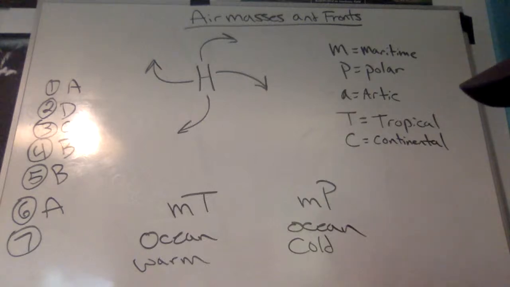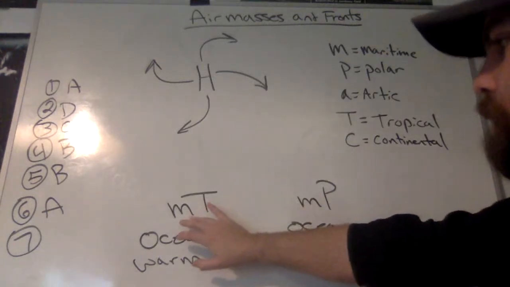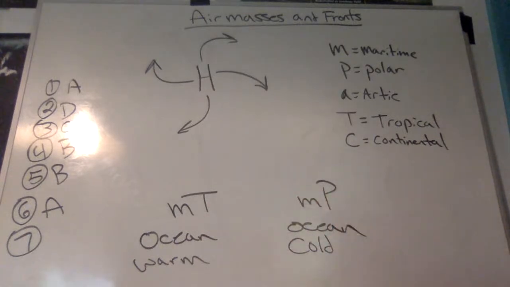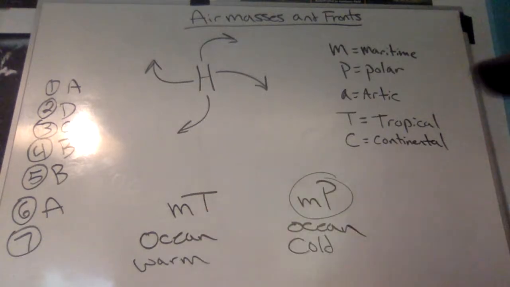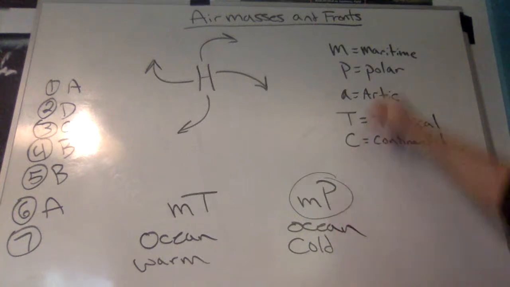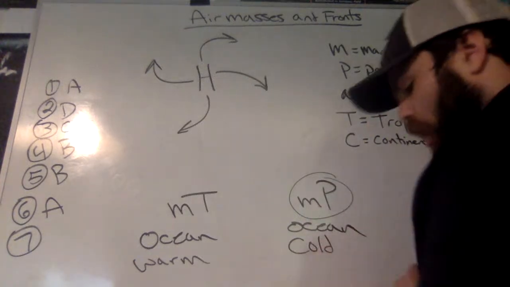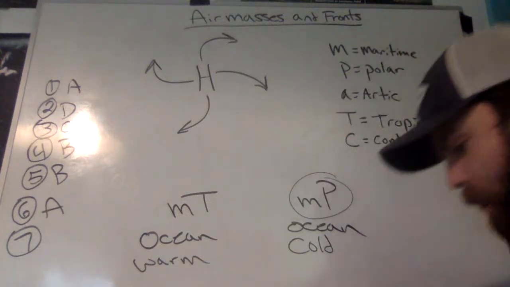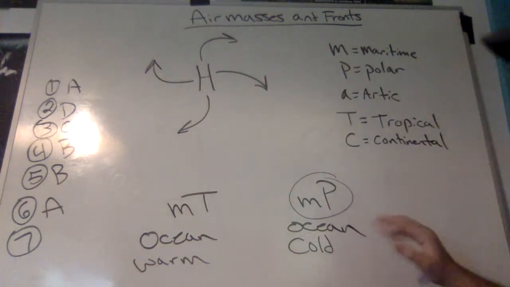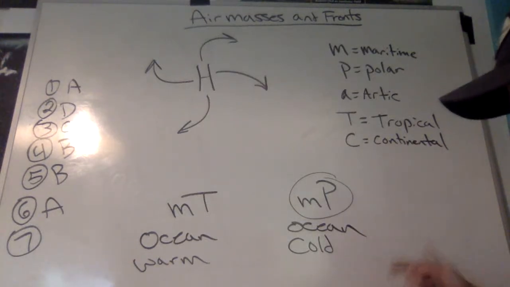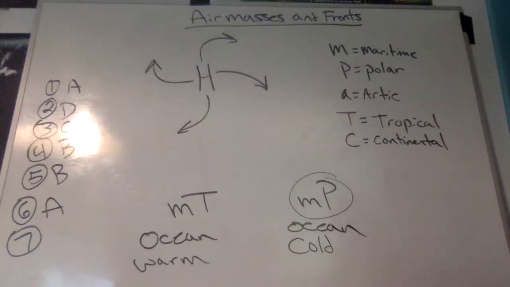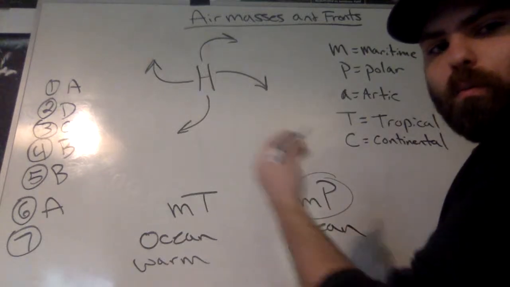So what is the difference between maritime tropical and maritime polar? Maritime polar, compared to maritime tropical, has got to be lower in temperature because it's polar. It's got to be colder, so the only two choices we can go with are A and C. But now there's another part: it says has less water vapor or more water vapor. Remember, when you have warm temperature, you're able to hold more water vapor.